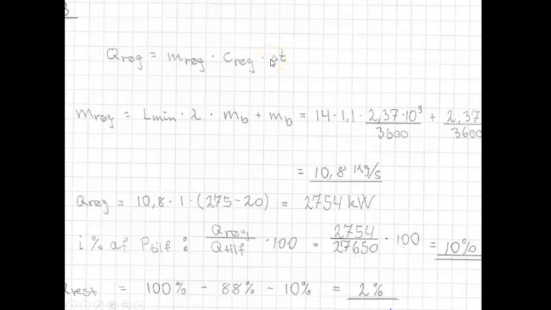So the mass of the smoke is the theoretical smoke use times what extra air we use, so all the oil molecules can find an air molecule, times the mass of the fuel plus the mass of the fuel.